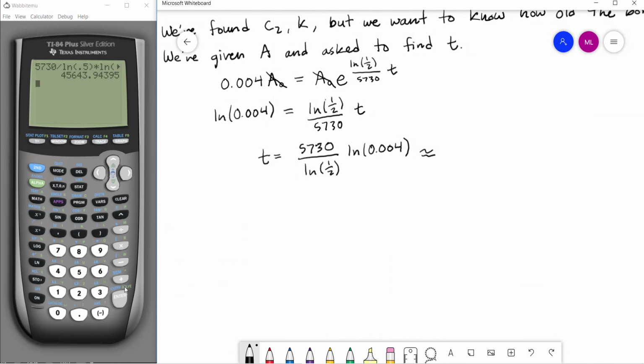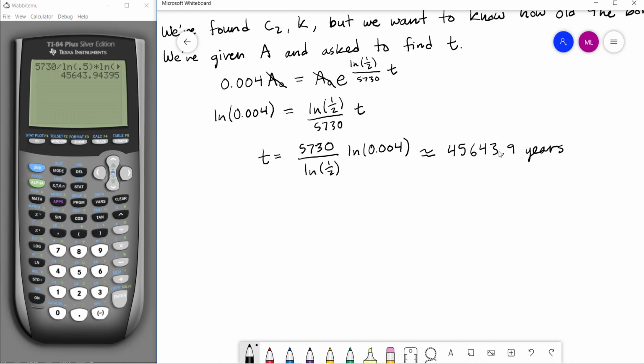This is approximately 45,000 years, 45,643.94, whatever, doesn't matter, years. It's not quite that accurate. You probably can't get this number to be super perfectly accurate, but it'll give us a ballpark answer. As far as we're concerned, it's looking like about 45,000 years or so, 46,000 years.